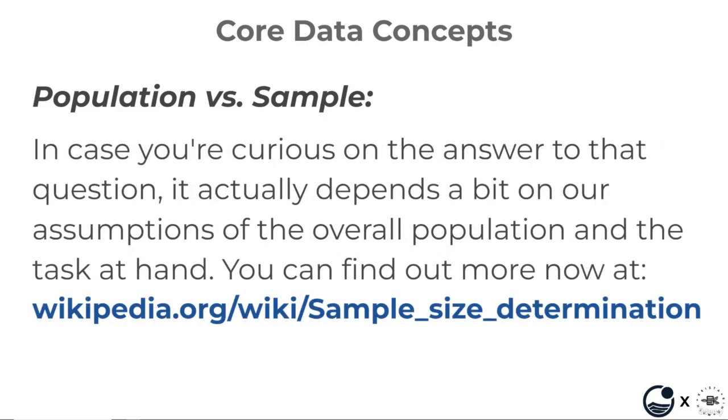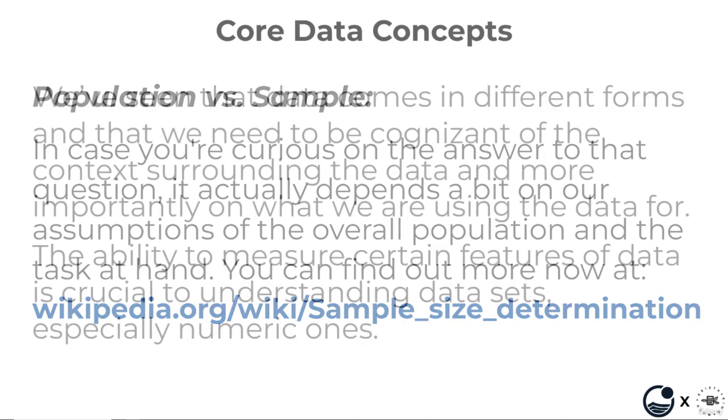In case you're curious about the answer, we'll discuss it later on, but it depends a bit on our assumptions of the overall population and its distribution and the task at hand. You can find out more now at this Wikipedia link on sample size determination, or you can just keep watching along the course and we'll revisit this idea later on.